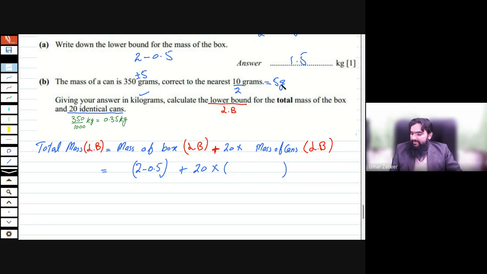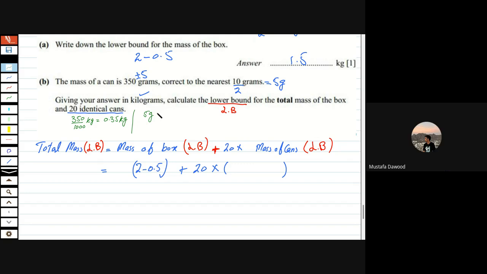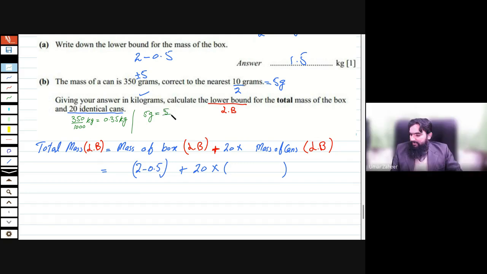The same way, you have 5 grams, right? So it will be 5 divided by 1000. It will be 0.005 kilograms. So the final answer will be 0.35 minus 0.005.